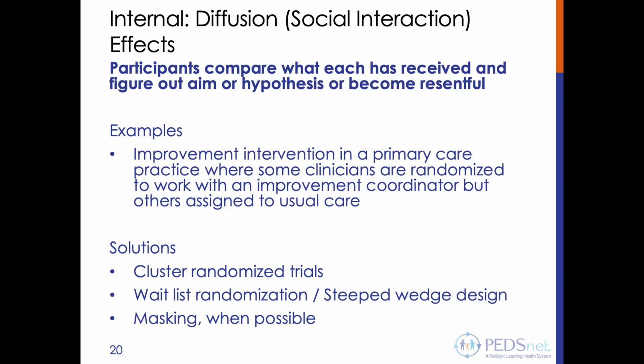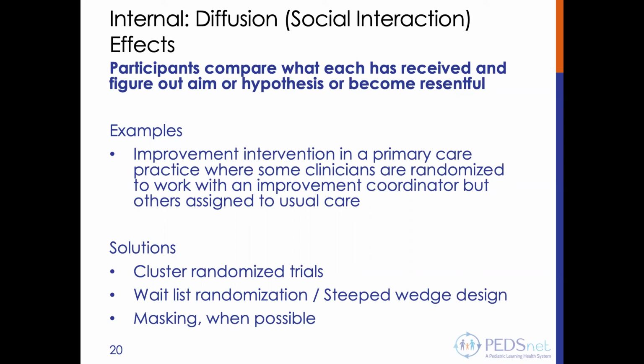So within the same practice, you've done your randomization, so you've done a good job trying to hold the clinicians constant. But then they start comparing notes. And the ones who didn't get the coordinator get a bit resentful. And that's going to affect your study results. Or maybe they start sharing the coordinator and there's diffusion.